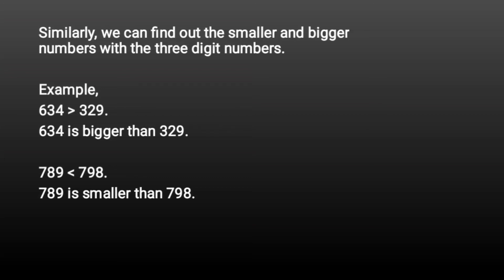Either it is 8 or 9. Looking at that, you understand that 9 is bigger than 8. That means the rest of the number that follows is obviously the bigger number. So 798 is the bigger number, and henceforth we put the sign towards it, and we also write it down in word format.